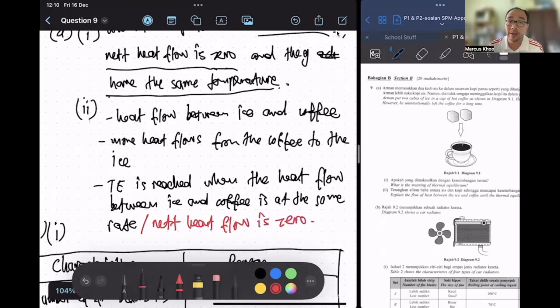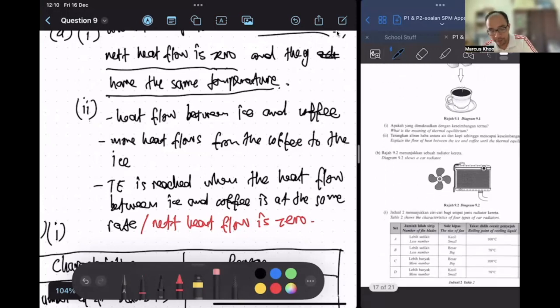Either one of these is totally fine. The most important thing to remember is that heat flows two ways. It's never flowing one way. Of course, if you think about it logically, one has to flow more heat. The hotter object has more heat to flow out than the colder object. But by and by, it gets less and less until the heat flow becomes the same rate, or the net heat flow is 0.